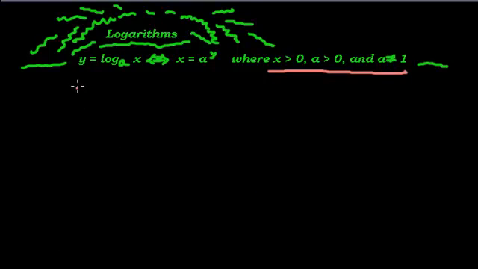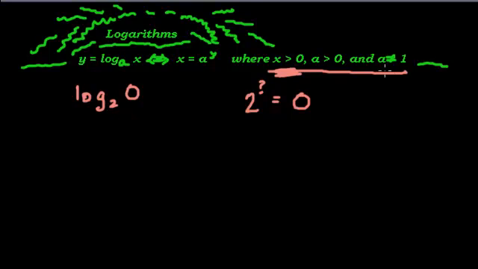Let's try to look at, say, log base 2 of 0. And I have this qualifier that my x must be greater than 0. And let's figure out why. 2 to what power is 0? Oh, there's nothing I can raise 2 to. There's no power that I can raise 2 to get a 0. There's why that one little qualifier exists. And then my a needs to be greater than 0 so that my base isn't some negative base that I have to raise a power to.